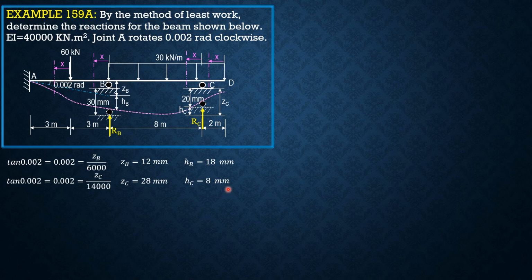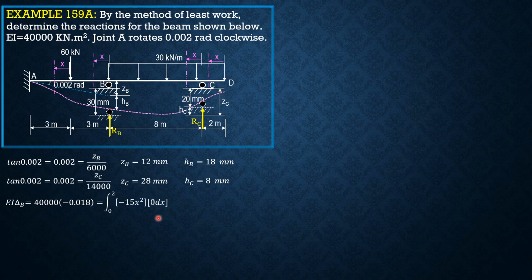So EI delta B is EI, 40,000, times negative 0.018. H sub B is treated negative, 0.018, because the displacement is downward and the reaction R sub B, one of the redundant forces, is upward, so it is positive, and therefore H sub B is negative. It is equal to the integral. So let's begin with this section.